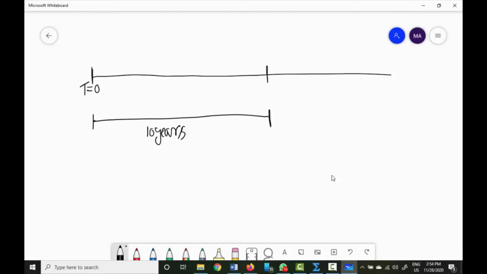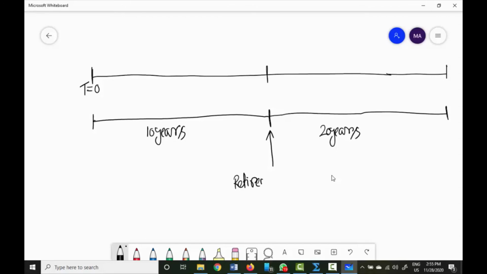And from that period you want to receive 60,000 taka at the end of each 6 months period for 20 years. That means here you will retire. This is your retirement period.